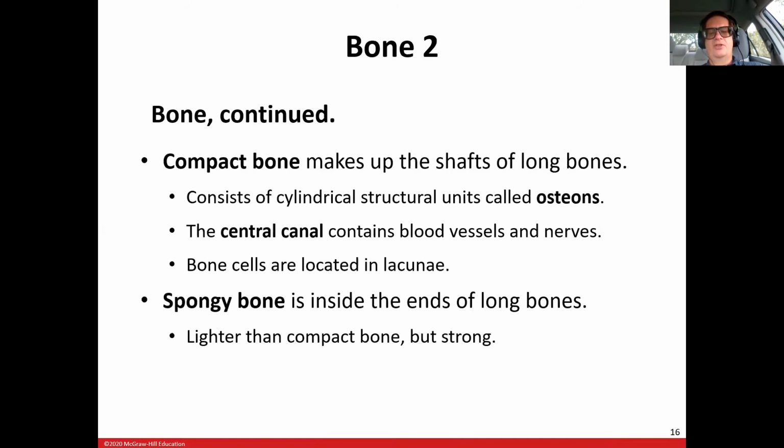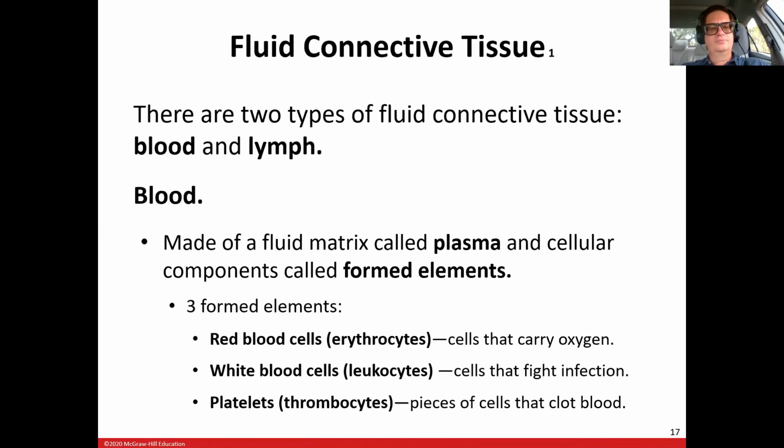The ends of the long bones, remember, are called epiphyses. Those are compact on the outside in a thin layer, and spongy bone on the inside. It's lighter than compact bone, but really strong. It also has space where things can be kept, like marrow.